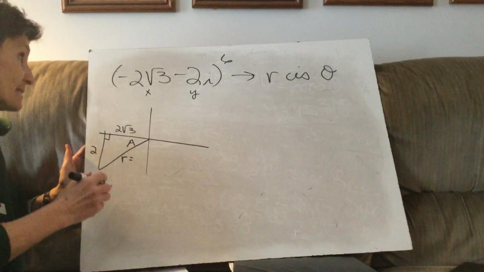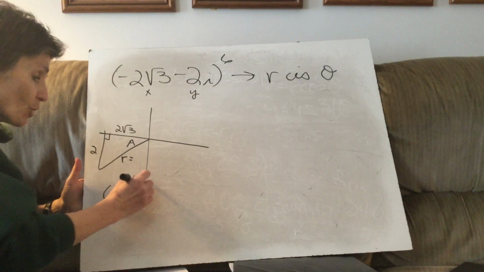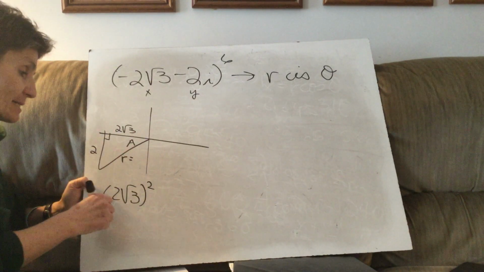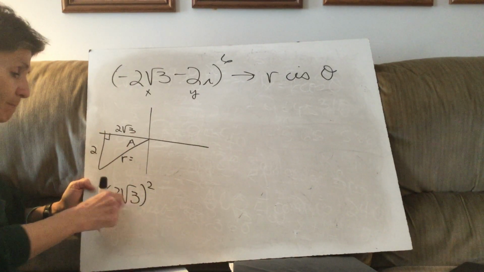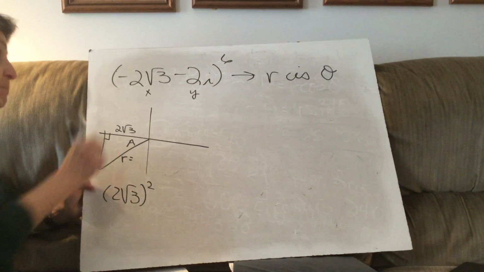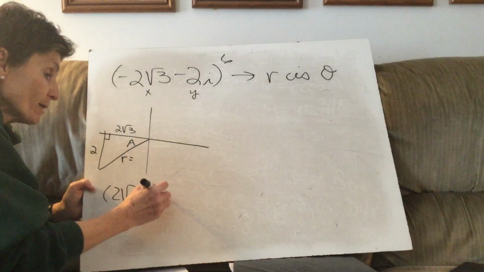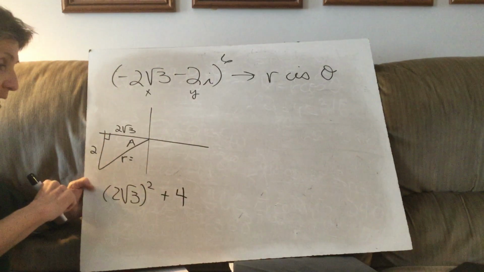So to find r, that's easy. I square the first one. And remember, I talked about this in another lesson. When you have a two-part number here, like 2 root 3, before you go to the calculator, make sure that's in parentheses. So we're taking the first one and squaring it. We're taking the second one and squaring it. I can do that in my head.